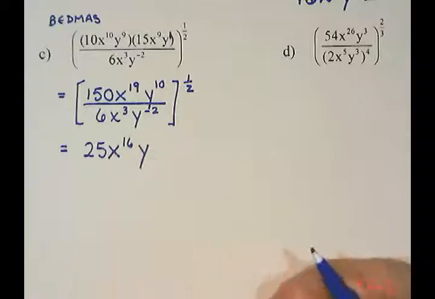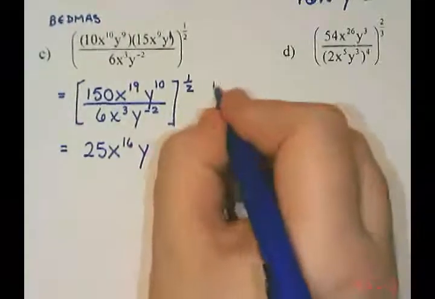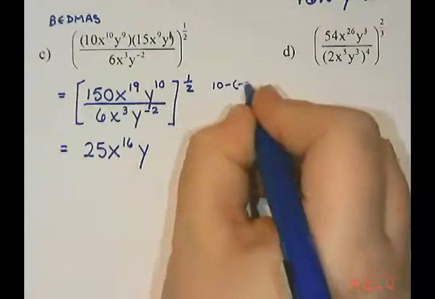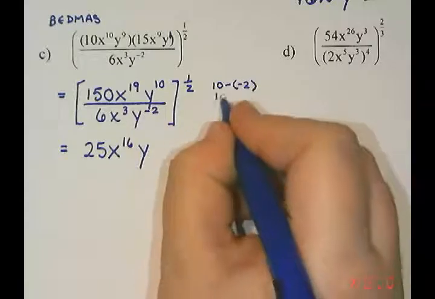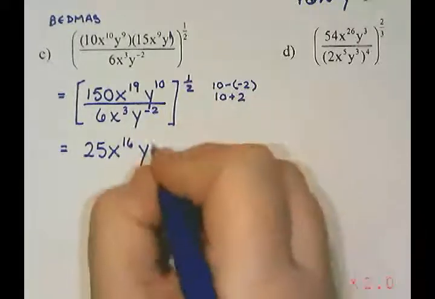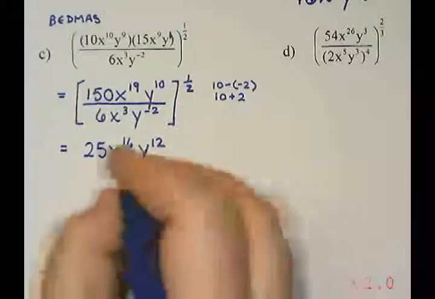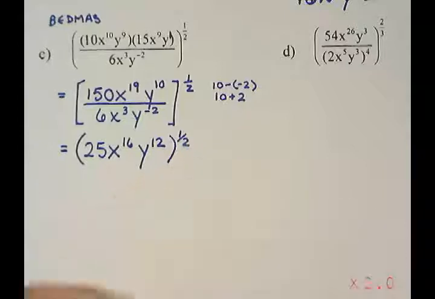And y to the 10 divided by y to the negative 2, we do 10 take away negative 2. But when you have two minus signs in a row, that actually ends up being plus. So we do 10 plus 2, which is 12. And this is still to the power of 1/2.